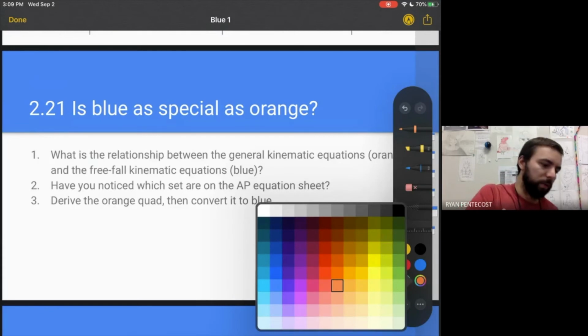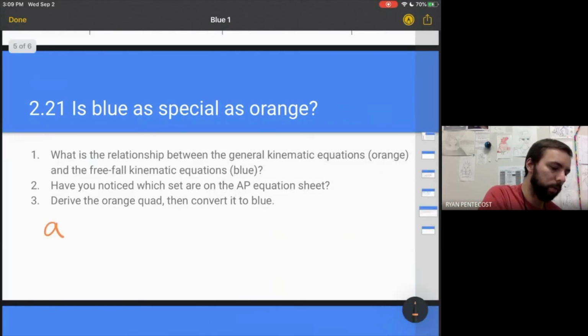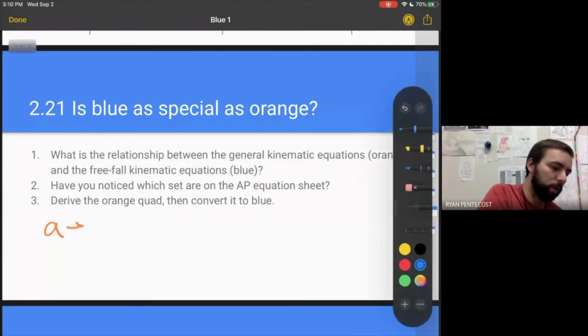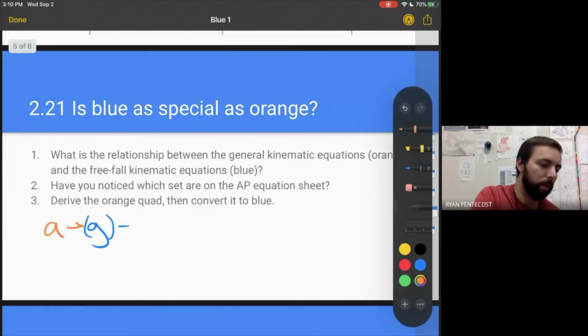So the real difference here is that in orange, you use acceleration, but for blue, you use g. Now, the other issue is that you also have a negative on that g, which is confusing, just like you saw me screw that up already.